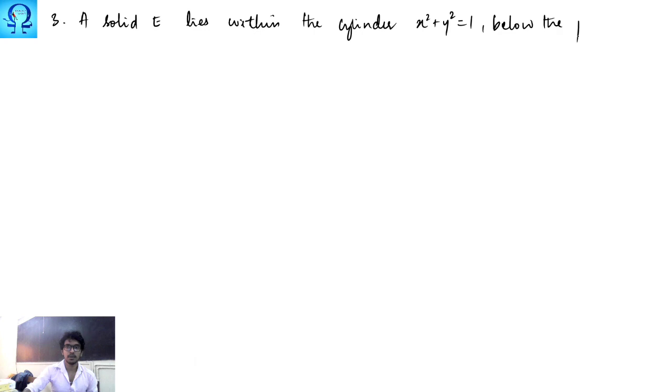A solid E lies within the cylinder x squared plus y squared equals 1, below the plane z is equal to 4 and above the paraboloid z is equal to 1 minus x squared minus y squared.